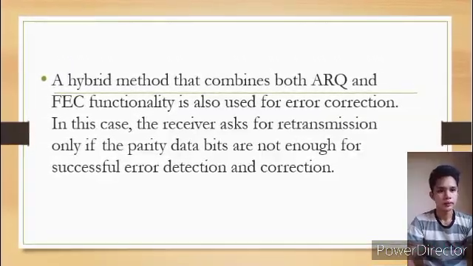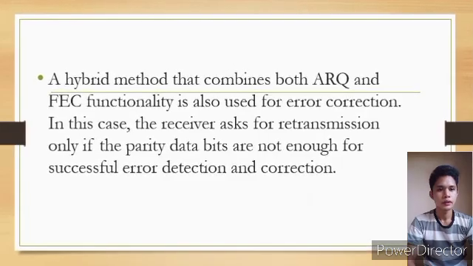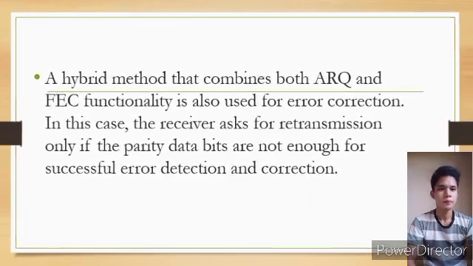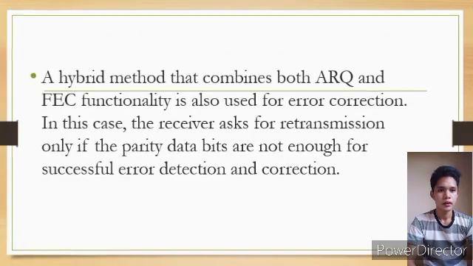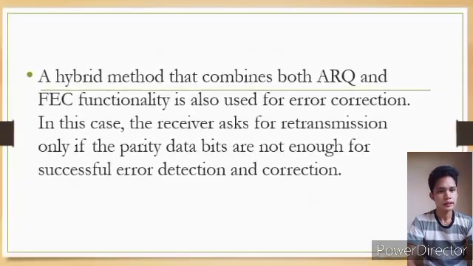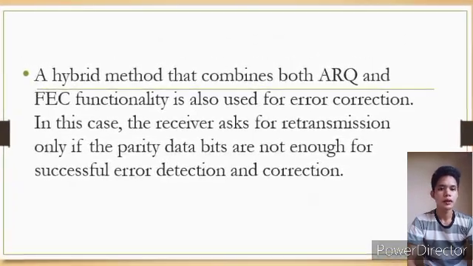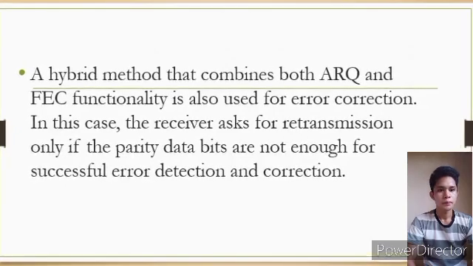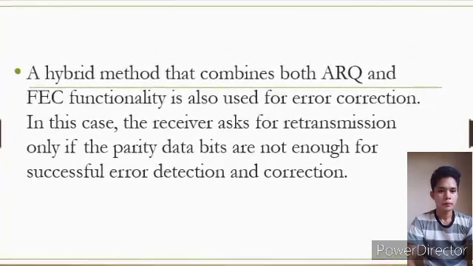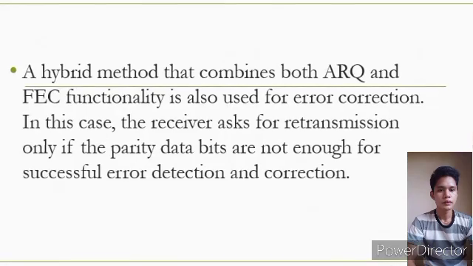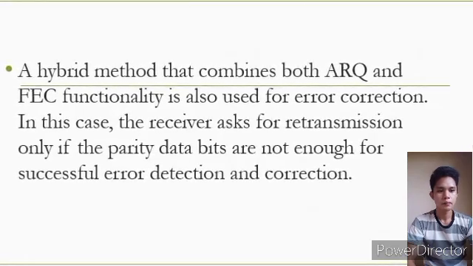A hybrid method combines both ARQ and FEC functionality. It's also used for error correction. In this case, the receiver asks for retransmission only if the parity data bits are not enough for successful error detection and correction.